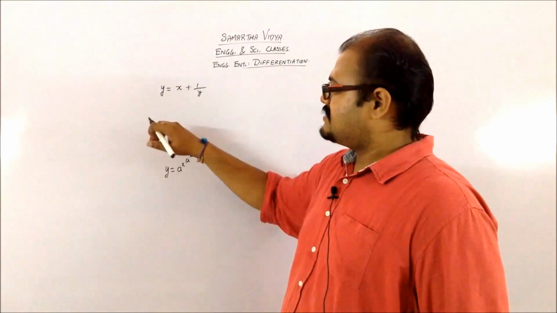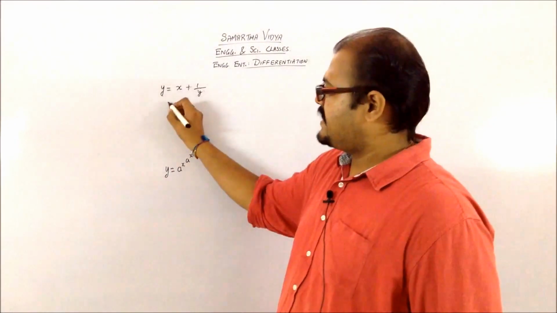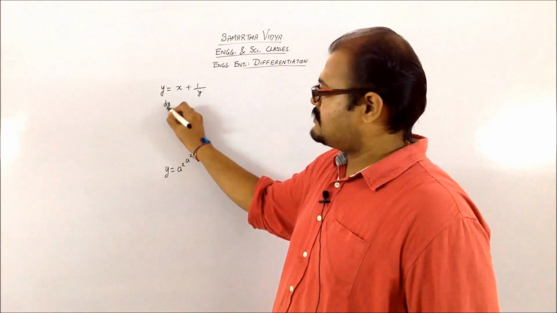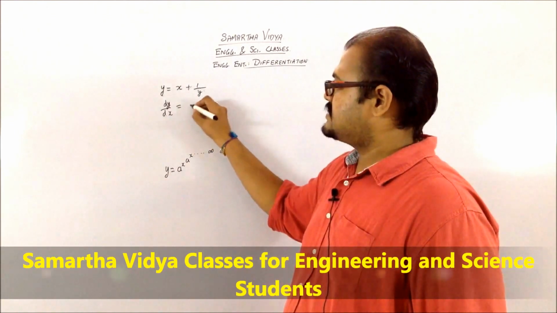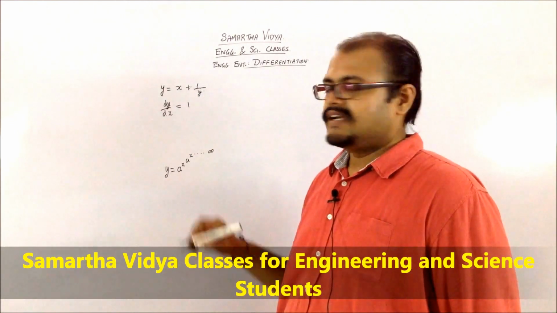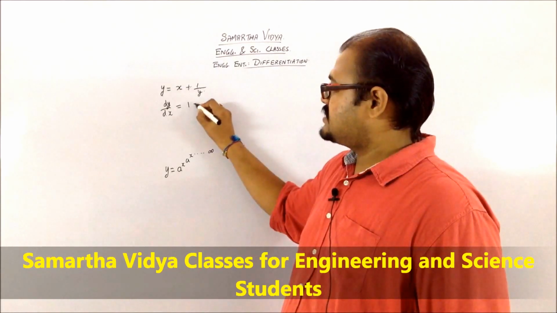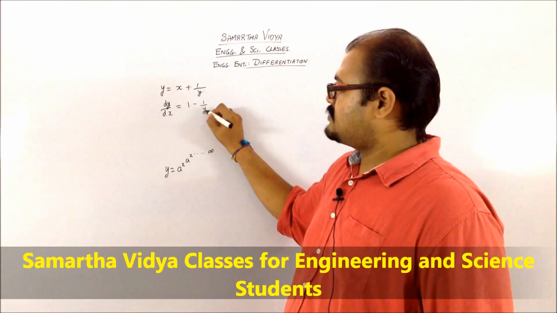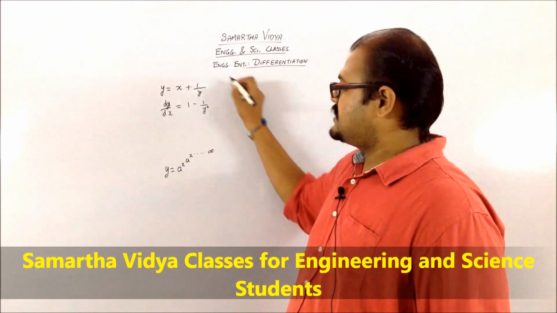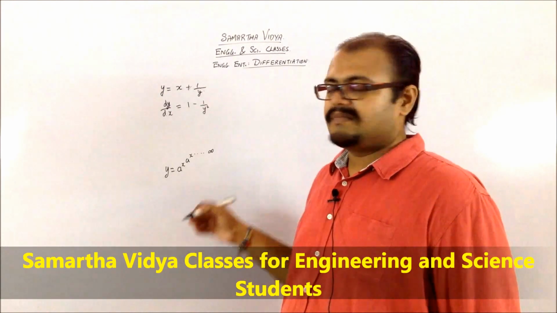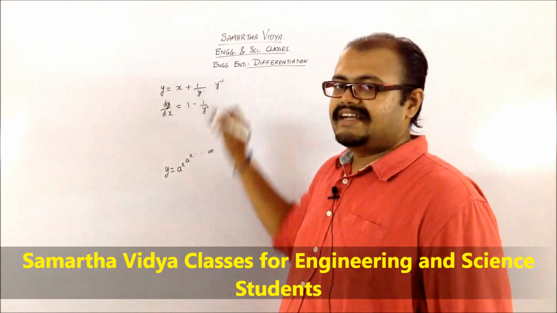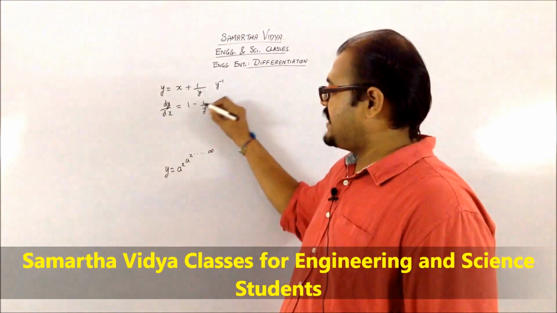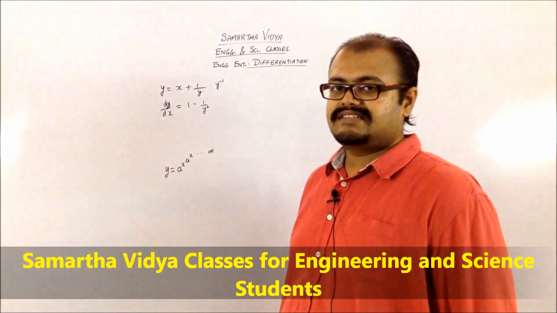You take the derivative of it directly. With respect to x, it will be dy by dx, which will be equal to the derivative of x, which is 1. You have 1 by y, whose derivative is minus 1 upon y square. The reason is that you convert 1 by y as y raised to minus 1, and its derivative is minus 1 into y raised to minus 2.